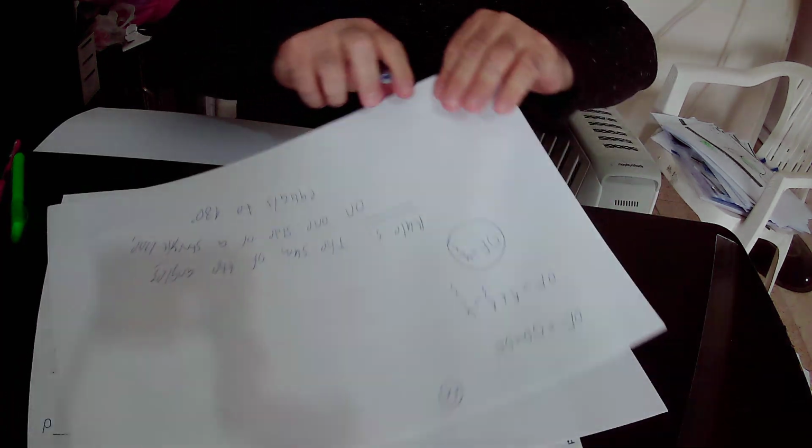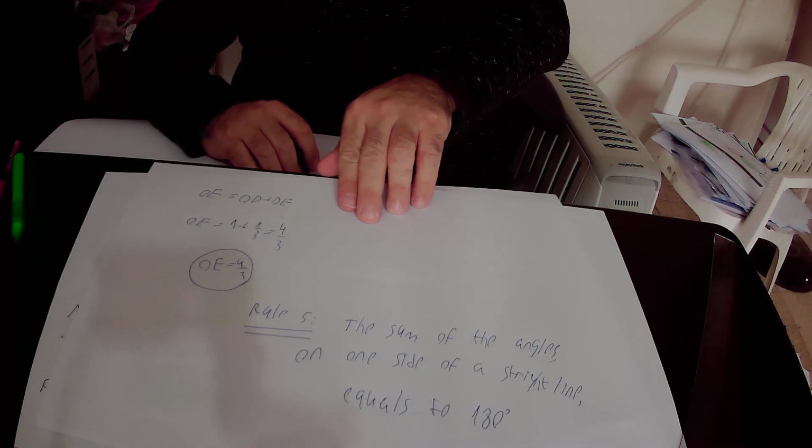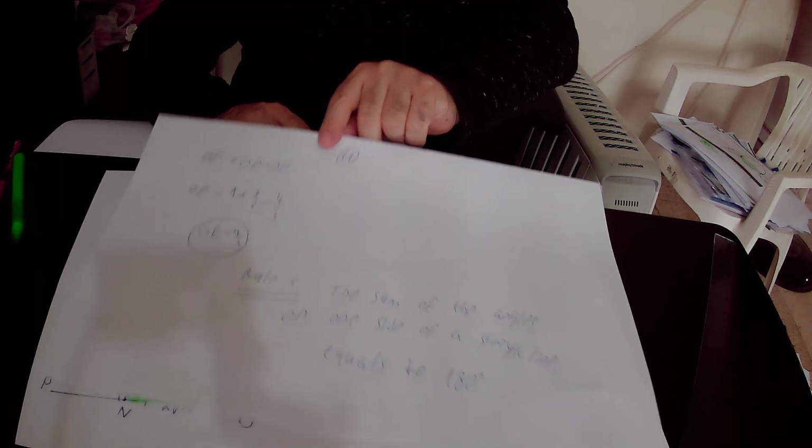I will repeat again. Rule number 5 states that the sum of the angles on one side of a straight line equals 180 degrees.